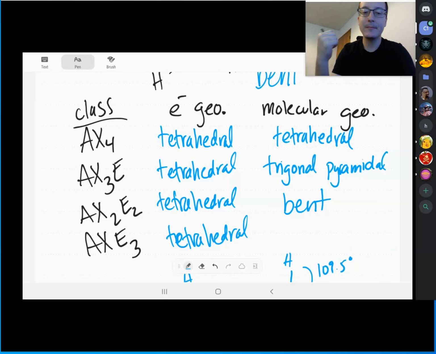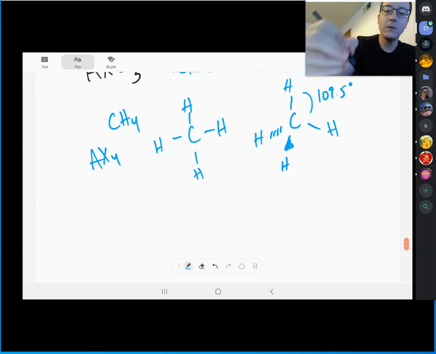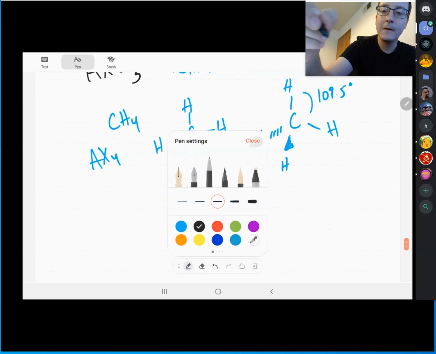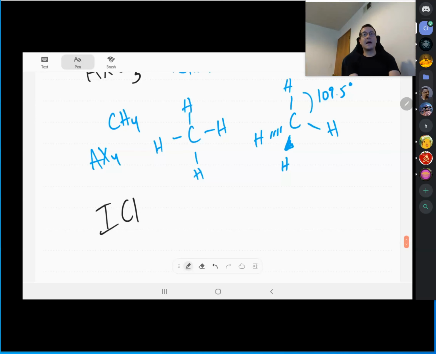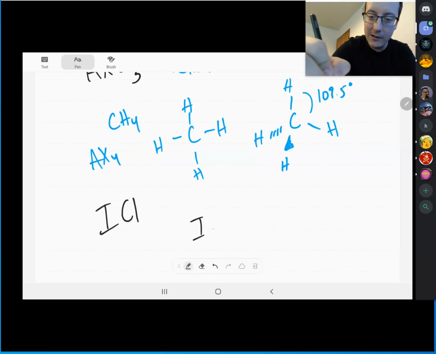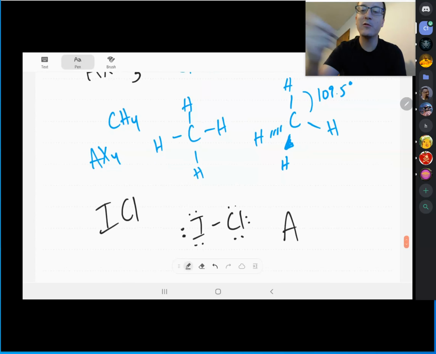All right. Let's take a look at another one. Iodine monochloride. Lewis structure, I'll just do it for you. It's got one central atom, of course. Looking at iodine, how many outer atoms do we have?